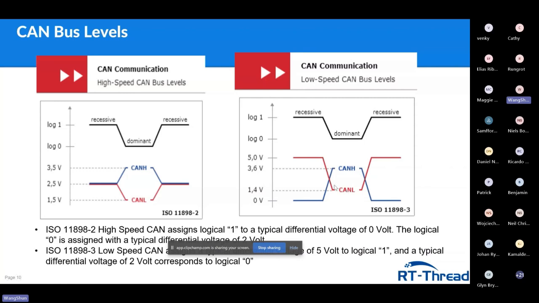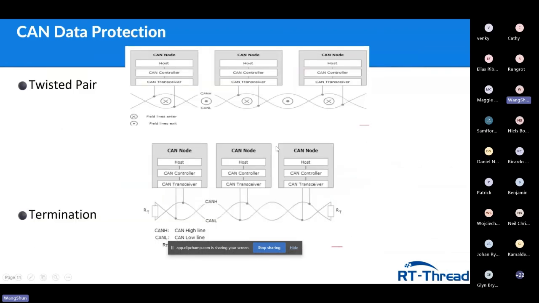So the difference between the two would be 2.2 volt. If the difference is 2.2 volt, it is treated as a dominant bit here. These things are all mentioned in the ISO standard. If you look at ISO standard 11898-2 or 11898-3, you will find the details for the high speed CAN bus and the low speed CAN bus.